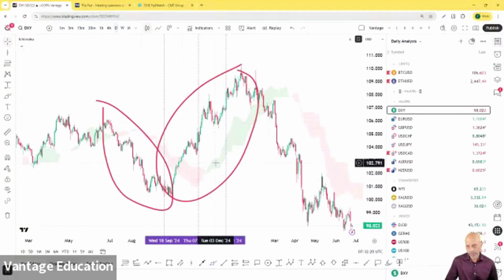We also saw, of course, President Donald Trump winning the US elections on 6th of November, in the first week of November. And his election win combined with his potential policies caused the dollar to rise rapidly as well as US Treasury bond yields surge higher during this period.